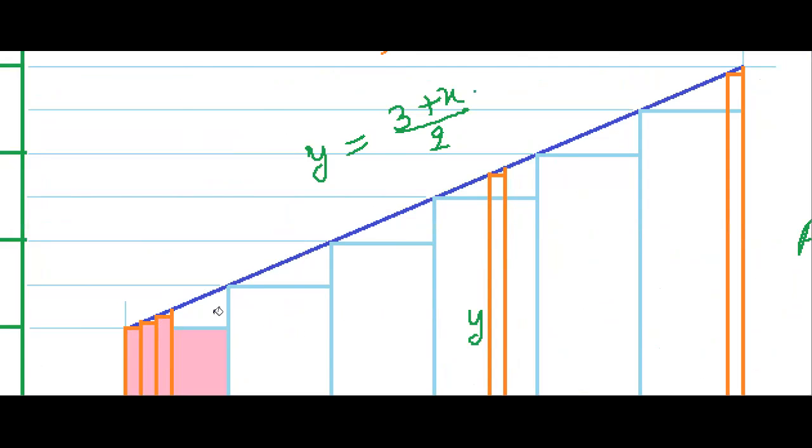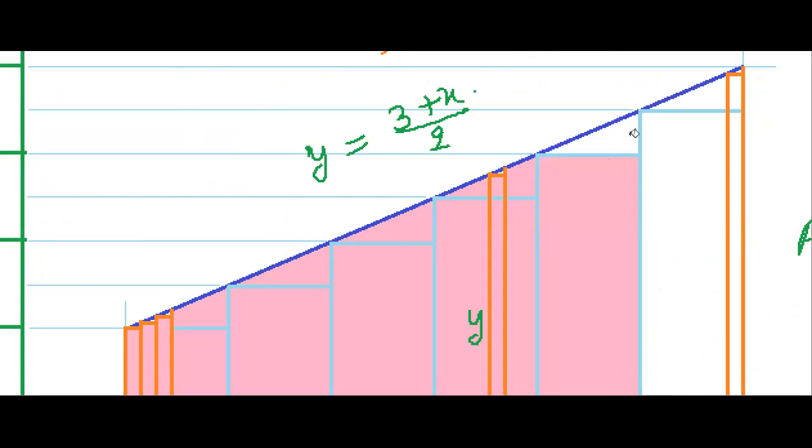We are adding all these rectangles on the way. But what is left? The top of each rectangle is a very small triangle. That area is not included. So we are not getting exactly the area under the straight line.